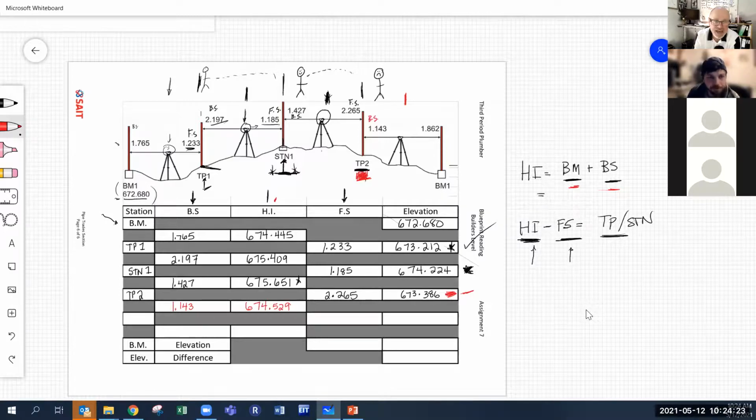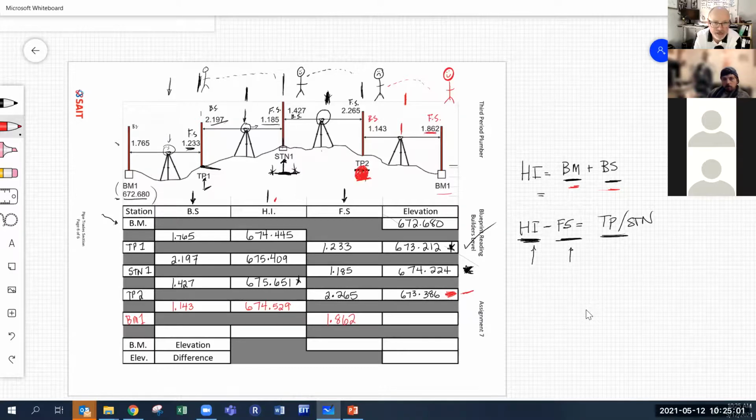And now that I have this height of the instrument, I got this guy moving to a new station, and he's happier now because it's almost over. And we take a foresight at this new benchmark 1. That's what it says here. So we'll call it that. And we take a foresight of 1.862.